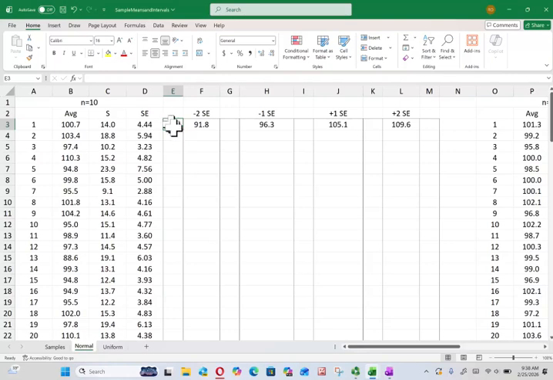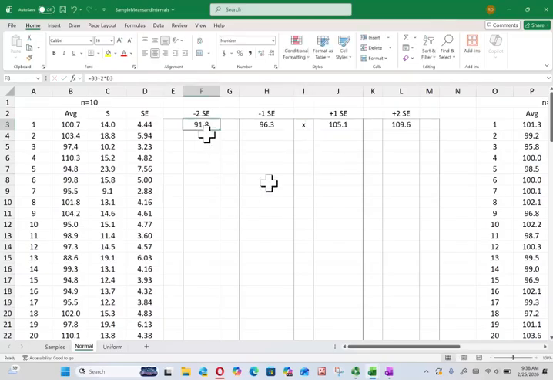In these boxes next to it, we're going to put an X for whatever part of the interval actually contains 100. So for this one, 1 up, 1 down contains the actual average of 100.